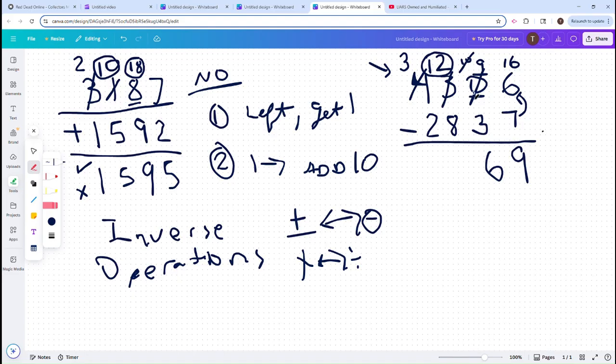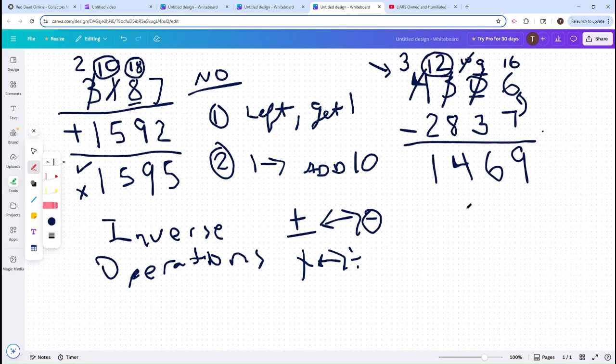It was caught up in borrowing, but it's just a special situation there by having to go 2 spaces away to get the number that we needed. Anyway, we can bring 4 down to 3. We can add 10 to this 2. Remember, we gave 1 to them, and now we have our 12 here that we can take 8 from. That leaves 4. And then we have 3 minus 2, which is 1.